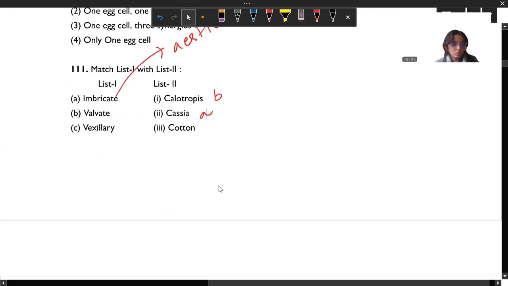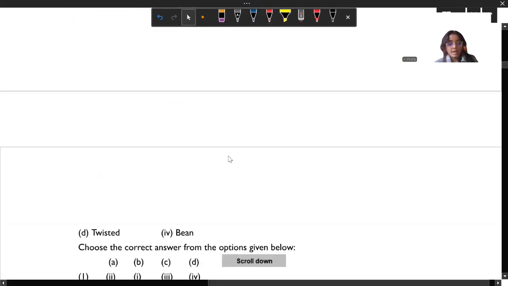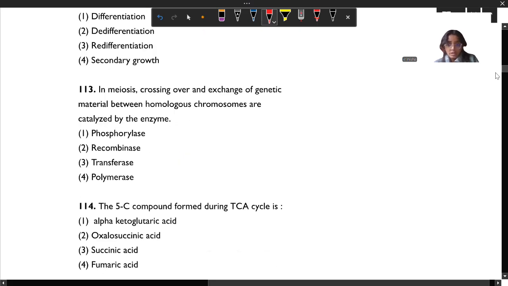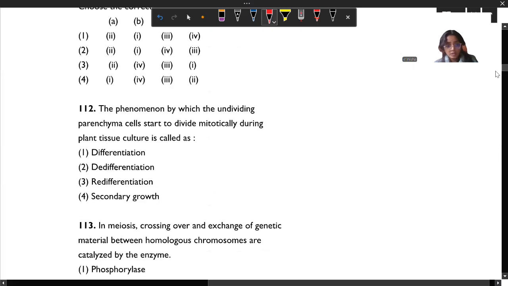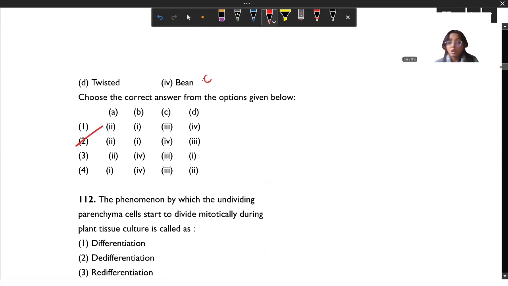Vexillary estivation is not seen in P, it is seen in B. But in cotton, what do we see? We see twisted estivation. So that is D. And in B, which is a Fabaceae family, we see vexillary estivation. So that is C. So the answer would be A2, B1, C4, D3. The second option is the correct answer to question 111.